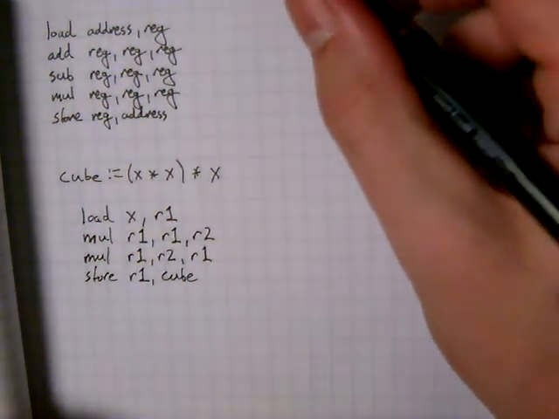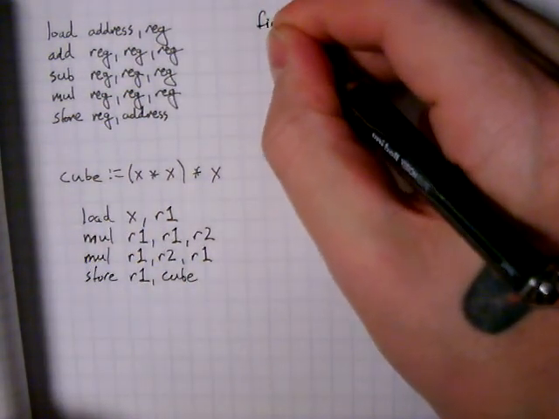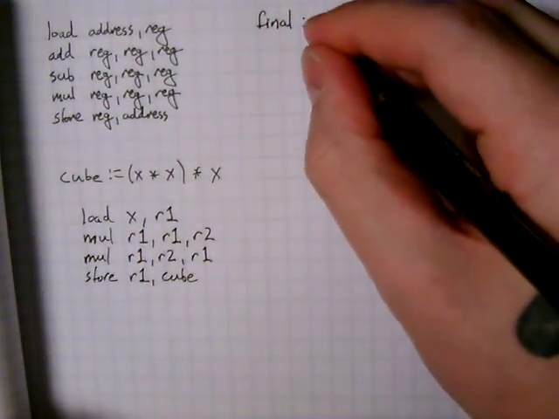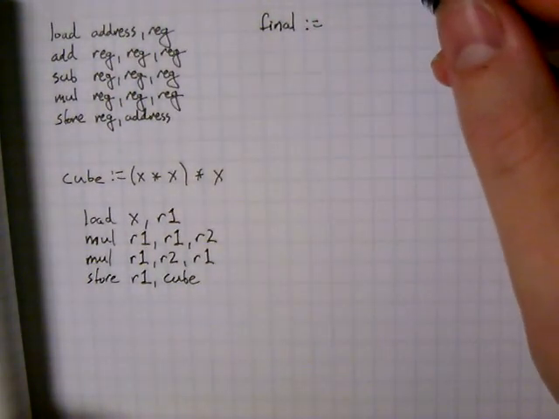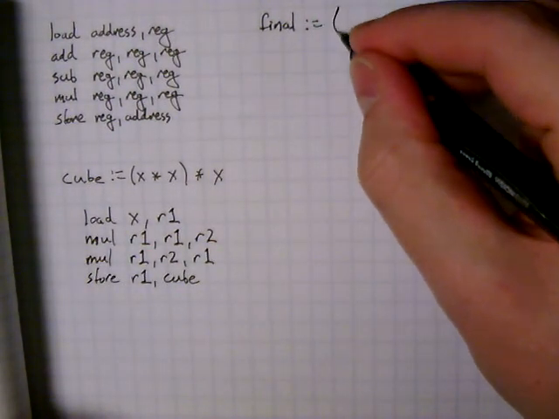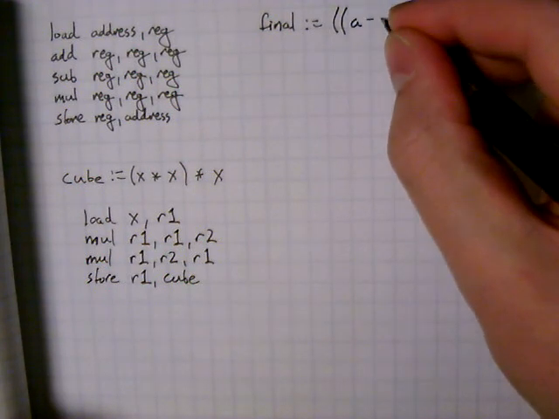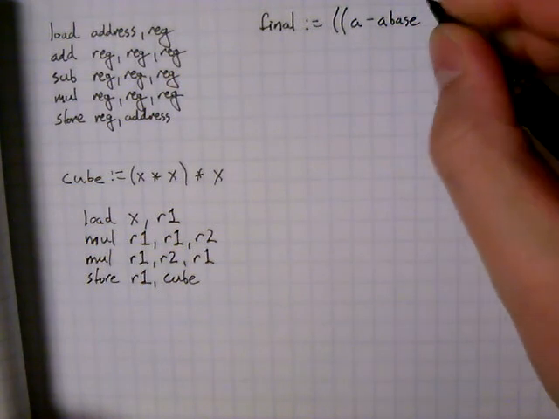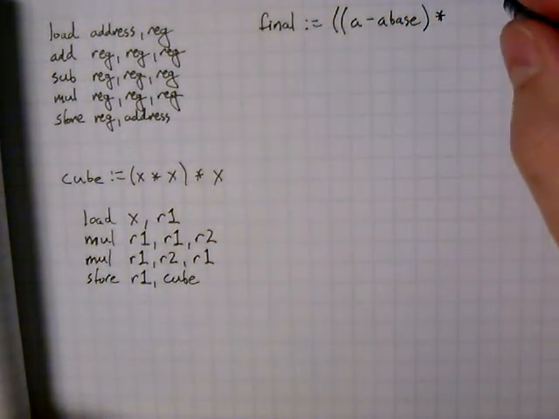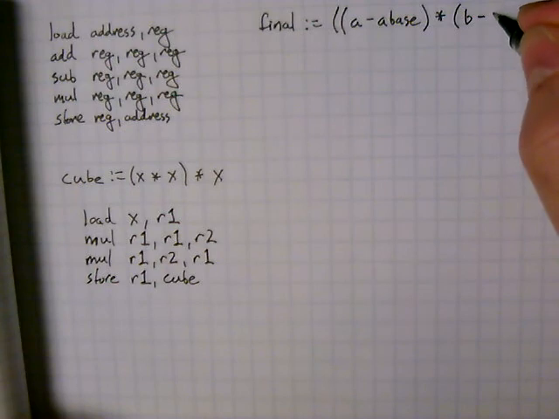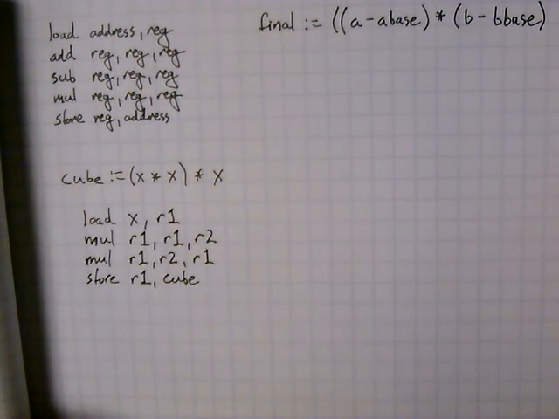The second problem was a bit longer, and so I'll write that out. It's a really long multiplication and subtraction. So we had the sum of a minus a base, multiplied by the sum b minus b base, multiplied by c minus c base, right?